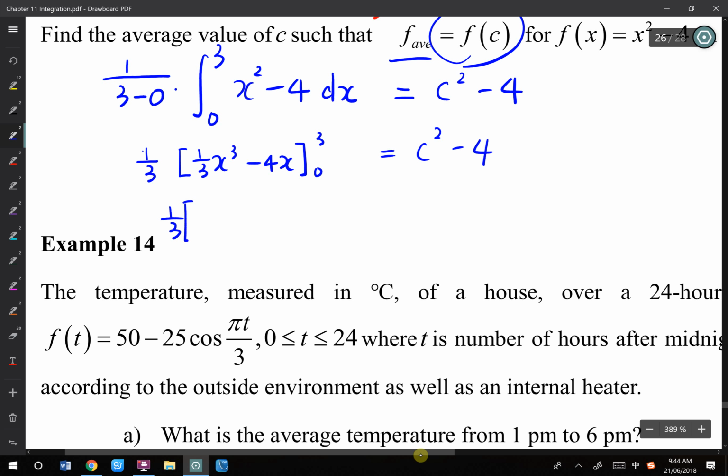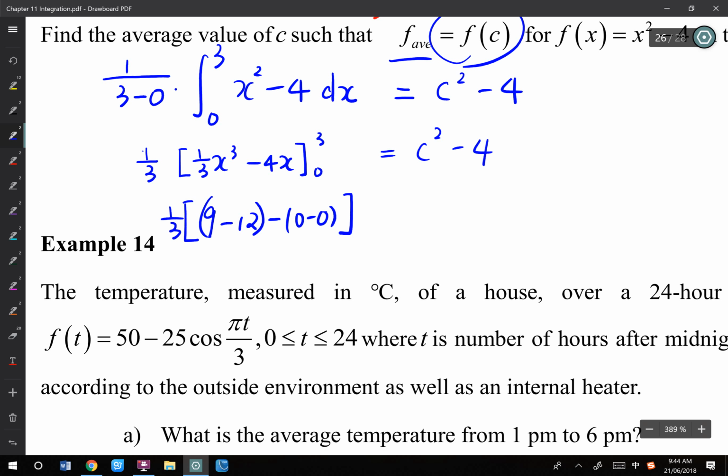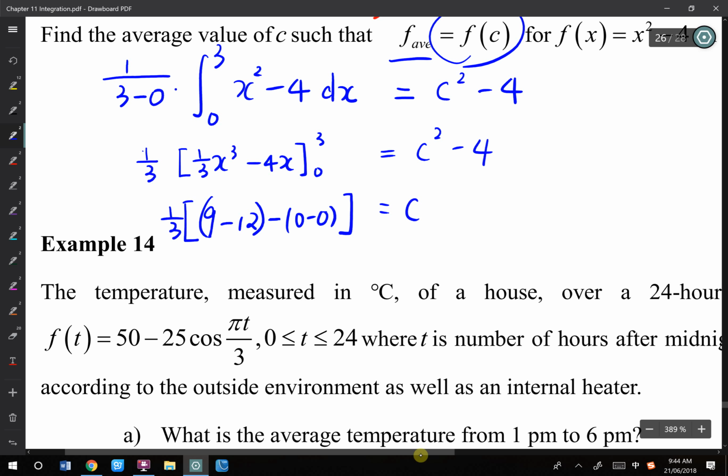That's a third. We put 3 in. That's 9 minus 12 for the first substitution, minus 0 for the second substitution. Sub 3 get 9 minus 12, sub 0 get 0 minus 0. That equals c squared minus 4.